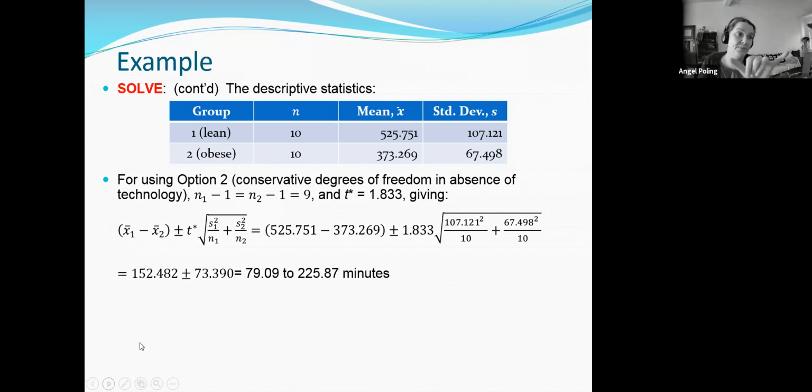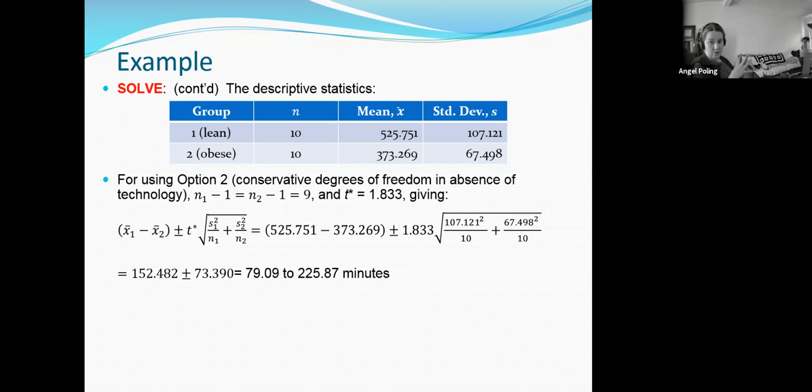Then you clean up the difference in the sample means to get 152.482. And then you clean up the margin of error to be 73.390. And then you subtract it once and add it once to get this range, right?